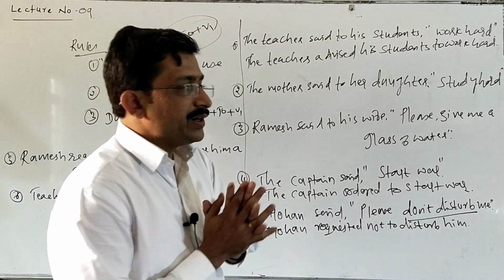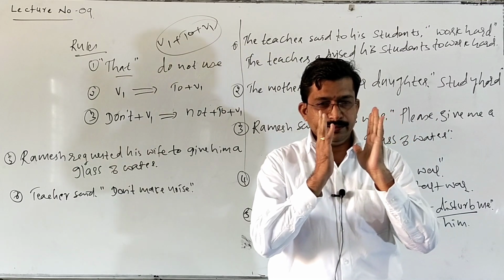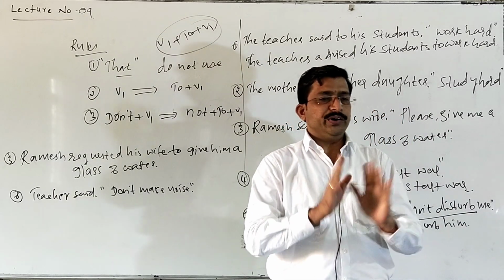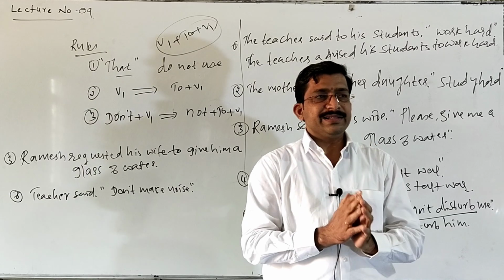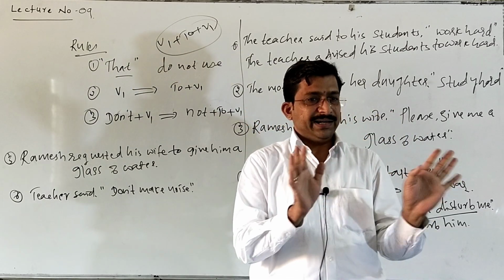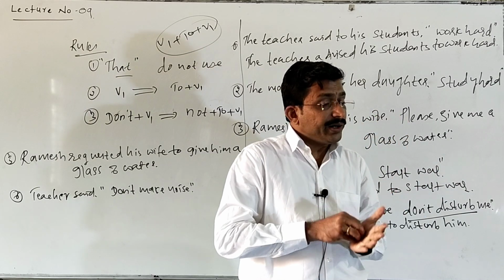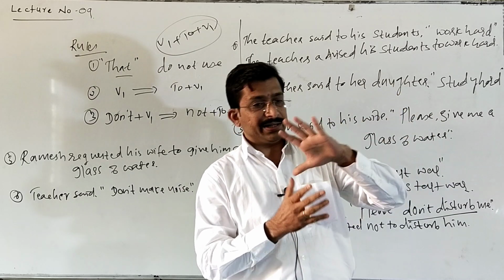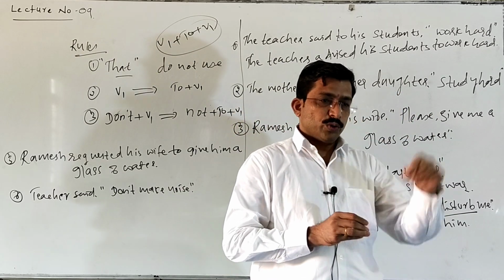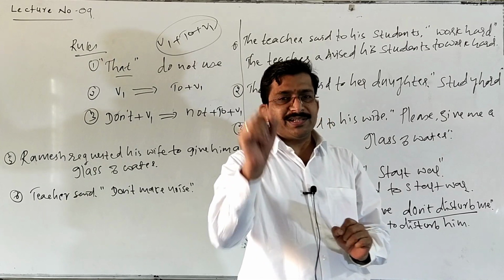So, my dear students, in imperative sentences, we do not use that as a connector. In interrogative sentences, the sentence should be changed into an assertive one. Then the question mark should be removed, so its punctuation mark should be changed.